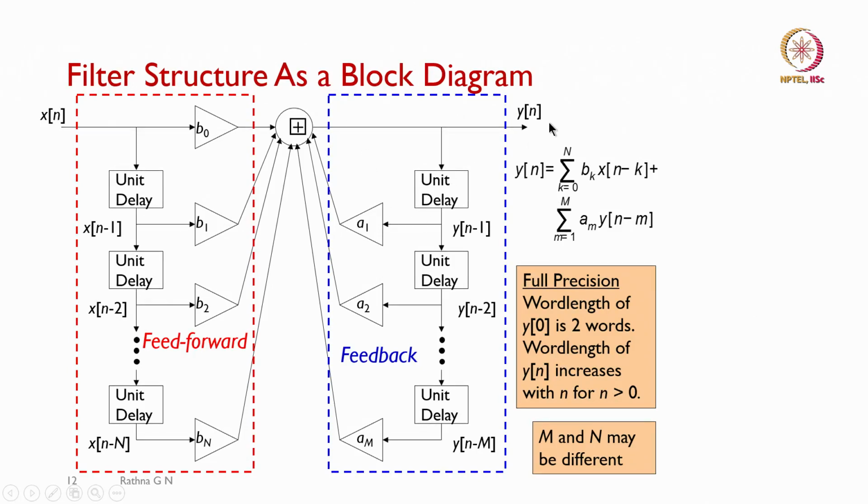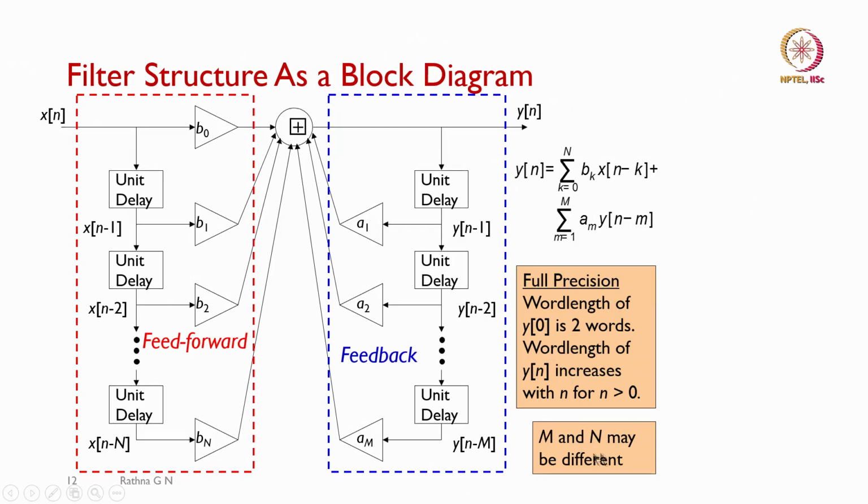We will see the output next time is going to be 4 words, and it goes on increasing. To avoid this, we have to come back to our y of n representation with whatever N-bit representation, so that we are not going to have overflow in our representation of y of n.